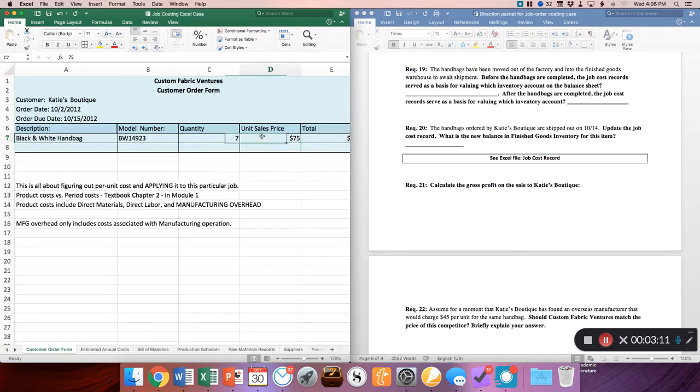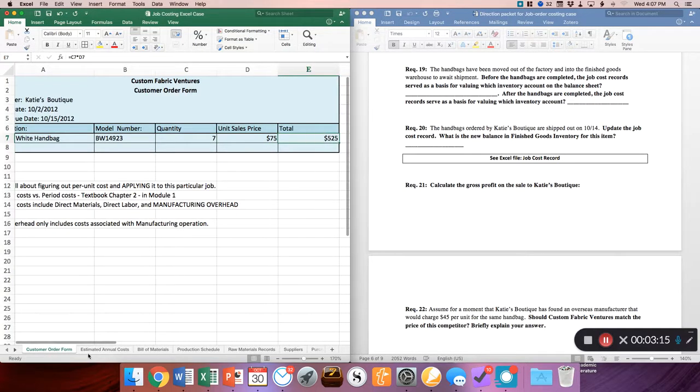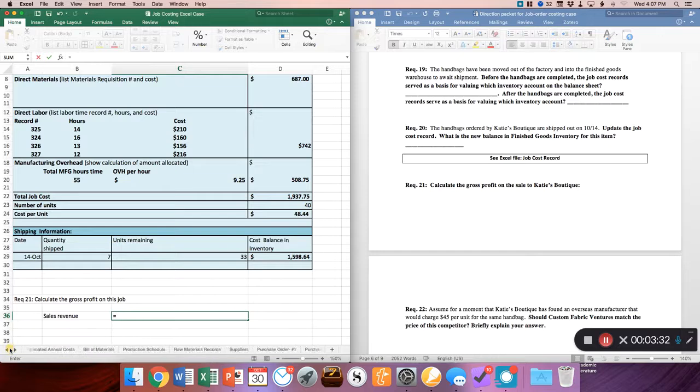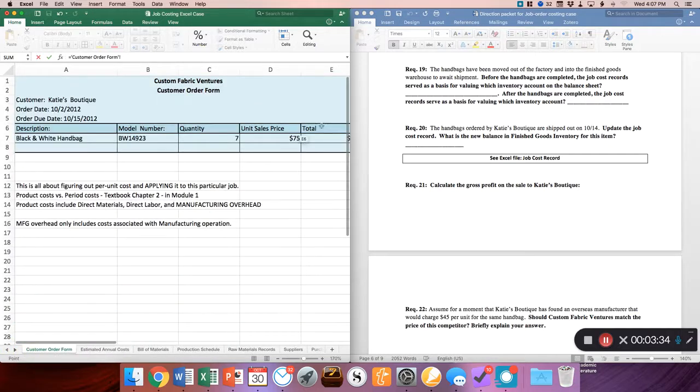So she was going to pay $75 per, so we had a total revenue of $525. So let's go back now to our job cost record just to do this calculation. So we have sales revenue. We're going to pick that up from that original order form.